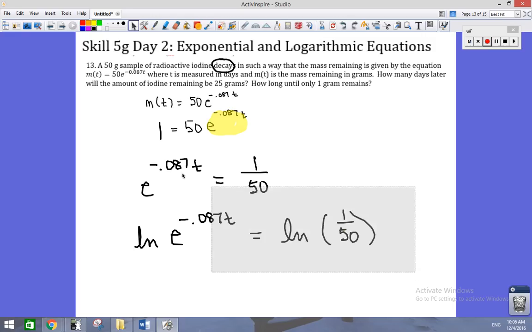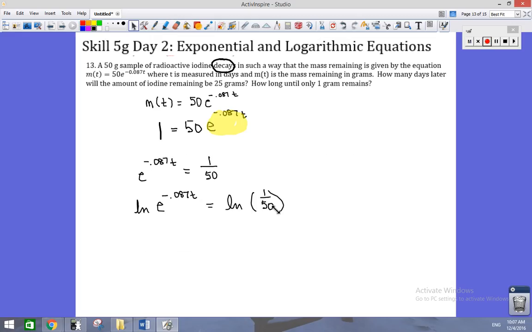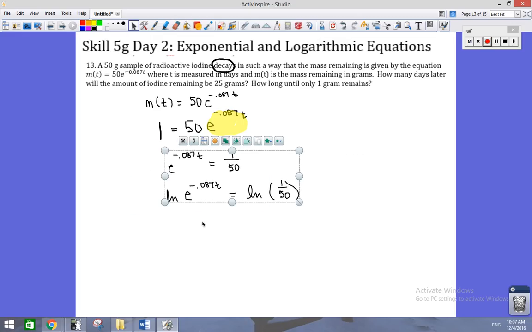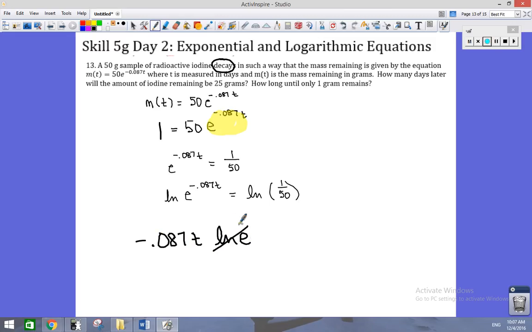Now, when you have an exponent on this logarithm, by the product rule, this exponent comes down as multiplication, negative 0.087t, just like it did before, times the natural log of e, which we know to be 1. And to get the t by itself, we divide both sides by that negative value.